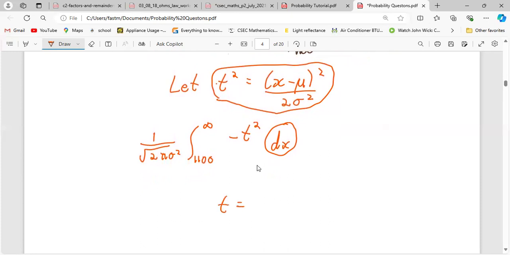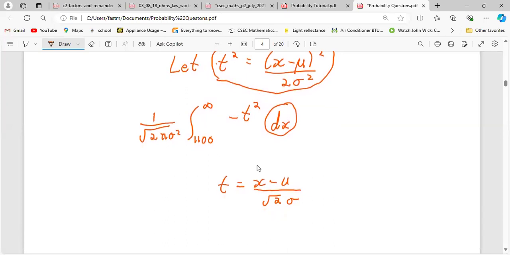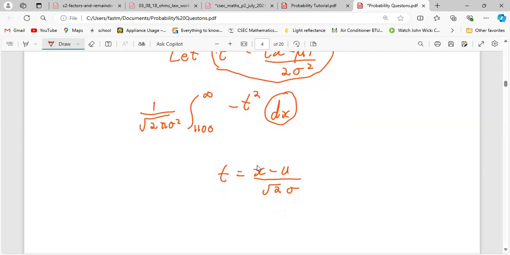You'll get t being x minus mu, because when you square root these two, the square sign will go, and you get square root of 2 sigma, because the square root of this will be sigma, and the root 2 will stay there. So we differentiate both sides. You'll get dt is equal to dx on the square root of 2 sigma.